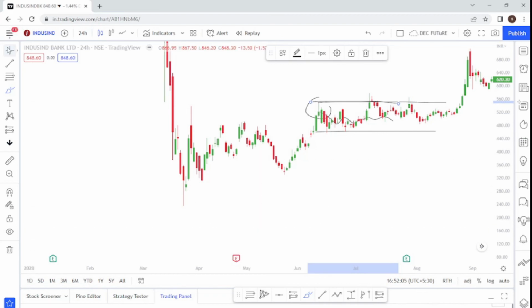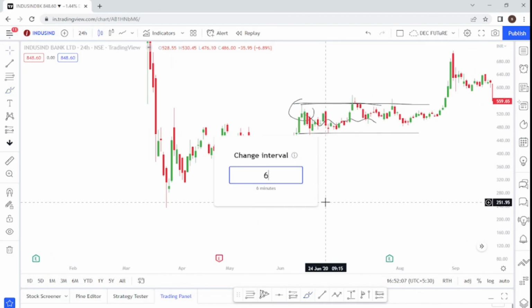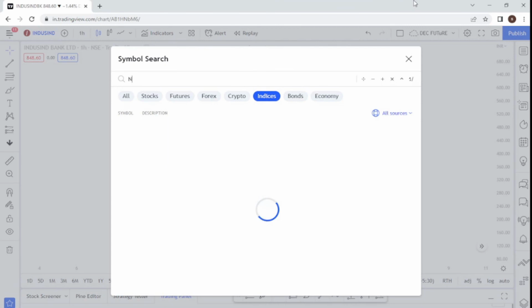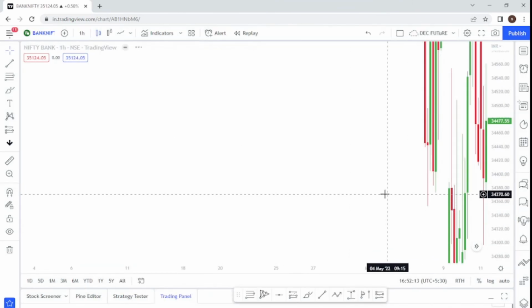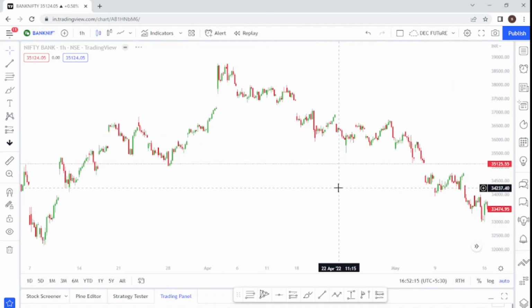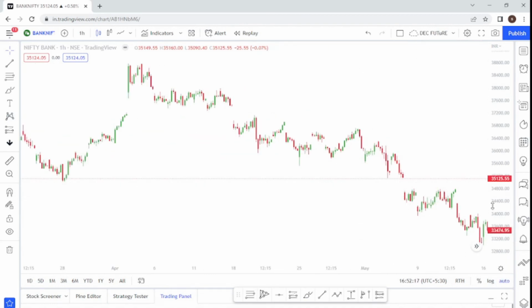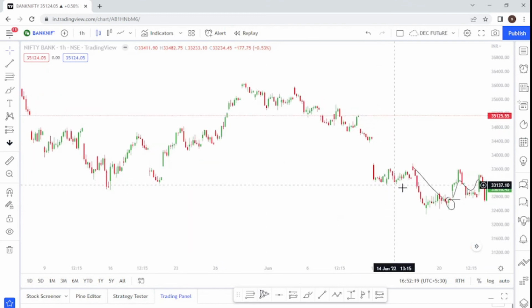All right, so we'll take a shorter time frame. We'll see something like Bank Nifty. So we are looking at a 60 minute time frame, so we are looking at a shorter time, right?